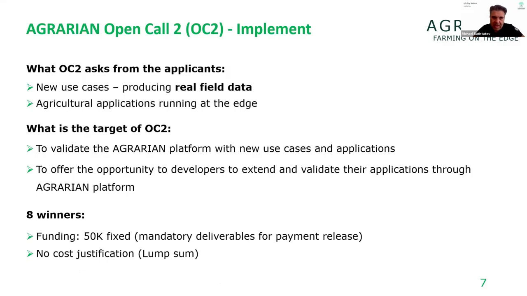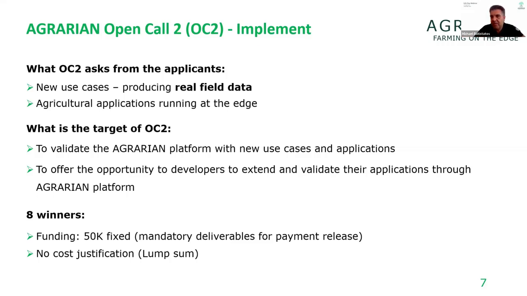In total, as in the previous call, we will have 8 winners. The funding is 50,000 euro. It's a fixed amount, so you don't have to describe a cost justification, and the total amount sums, let's say, to 400,000.